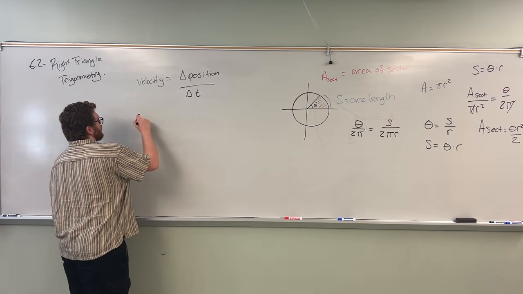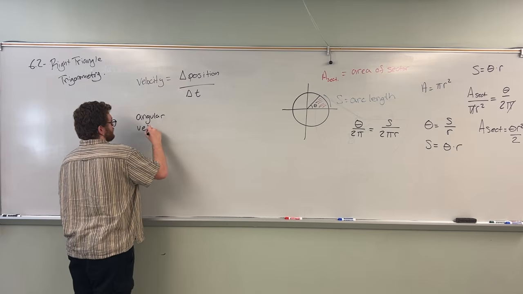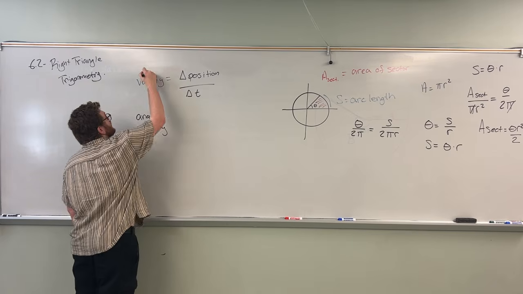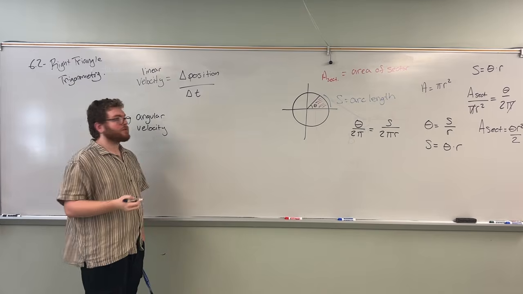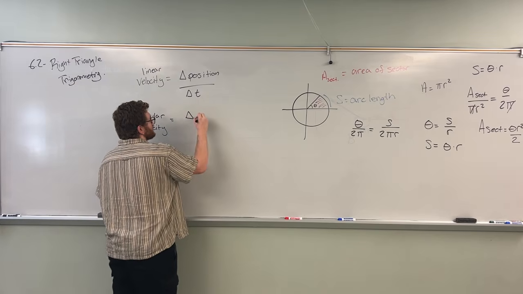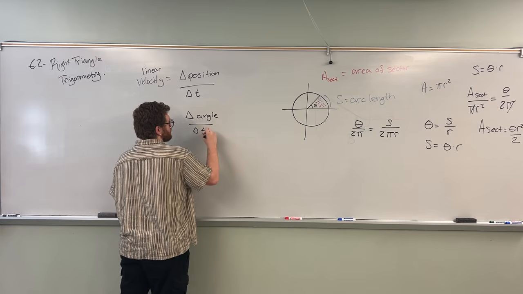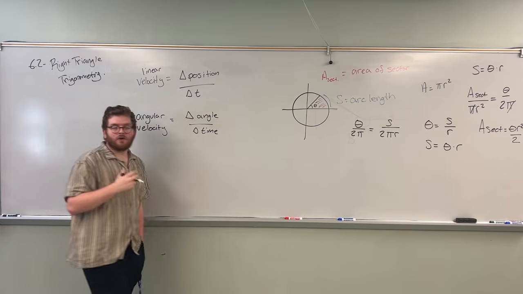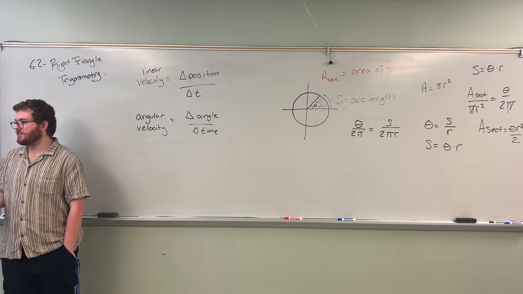If we want to instead talk about angular velocity, this top one is actually called linear. We're going in a straight line, linear velocity. Angular velocity equals change in angle over change in time. At the end of our example, our angular velocity came out to be in units of radians per second.